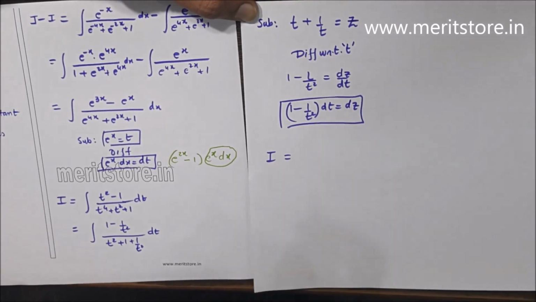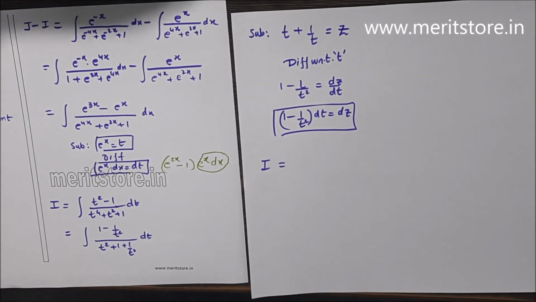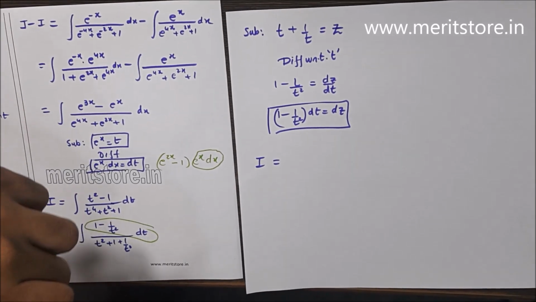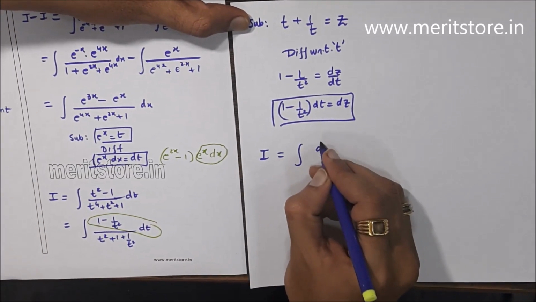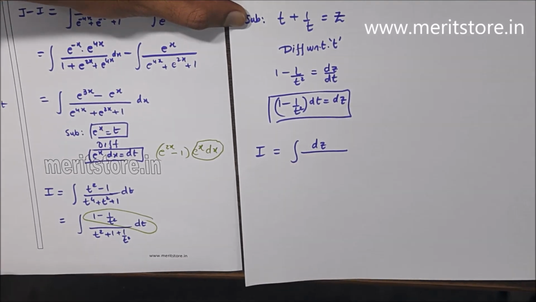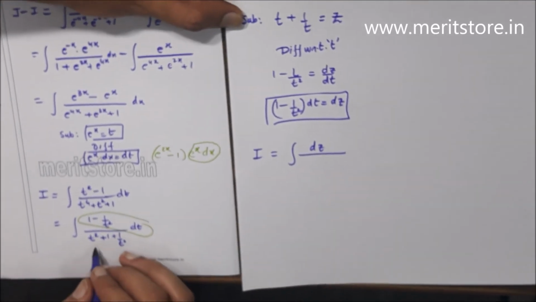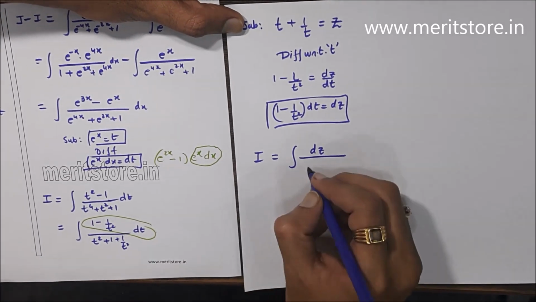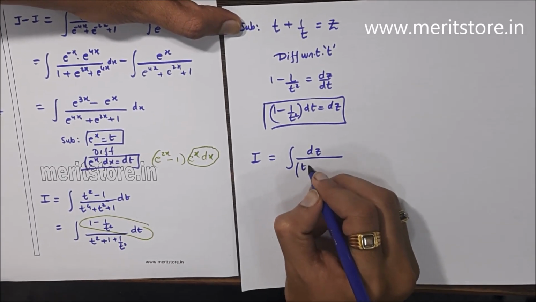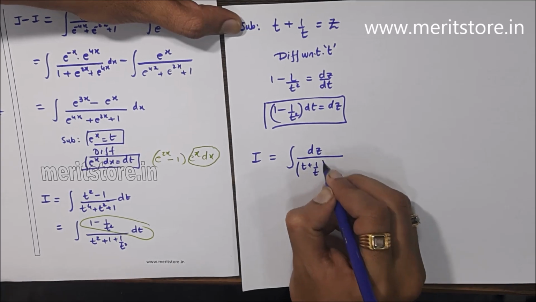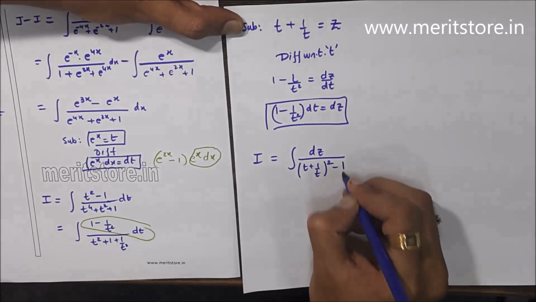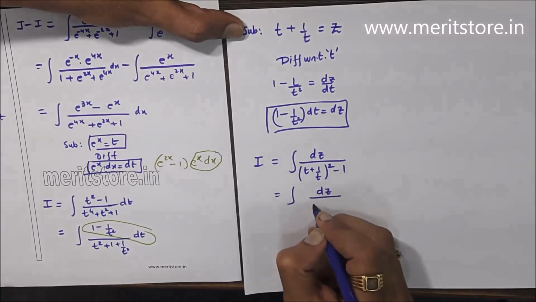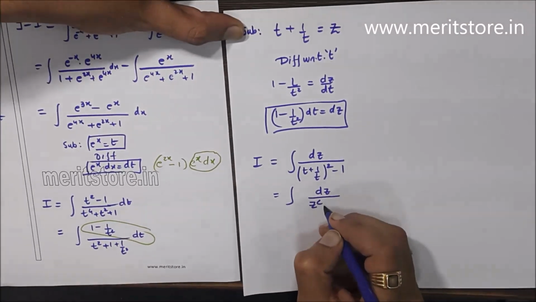Now the integral will convert to dz divided by t square plus 1 by t square, which I am writing as t plus 1 upon t the whole square minus 1, which now converts to dz upon z square minus 1.